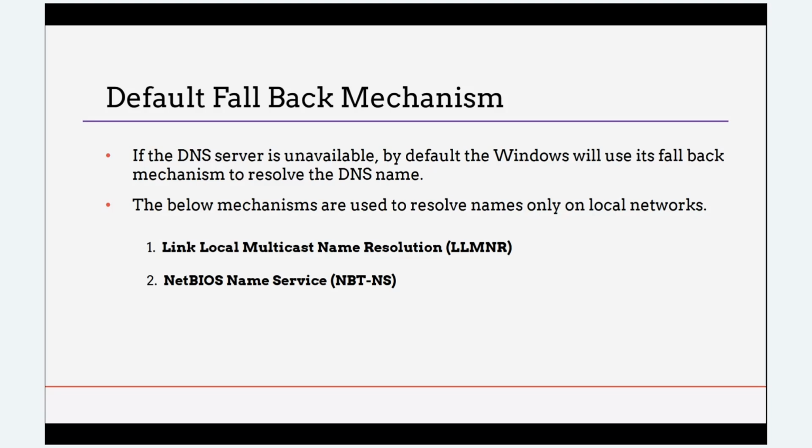You know the fun fact? Both of these fallbacks are legacy mechanisms. They are just there for two reasons: one, to support legacy systems, and two, to be used as the last resort to resolve your DNS query when all other things in Windows have failed.